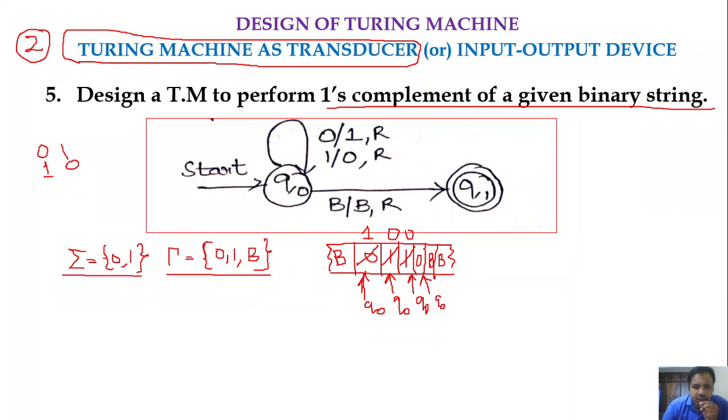In Q naught, if we get 0, replace that 0 with 1 and move the head towards right. In Q naught, if we get blank, we have to go to the final state. So in Q naught, if we get blank, replace that blank with blank, move the head towards right, and also move from state Q0 to Q1. Q1 we are considering as a final state.